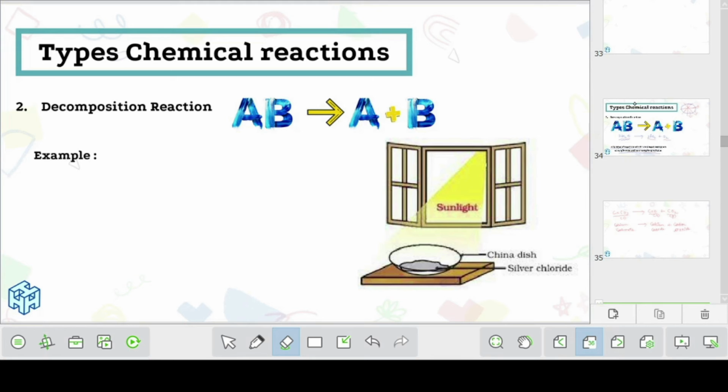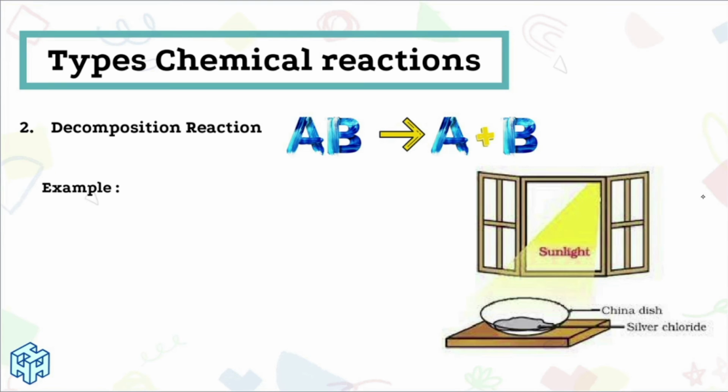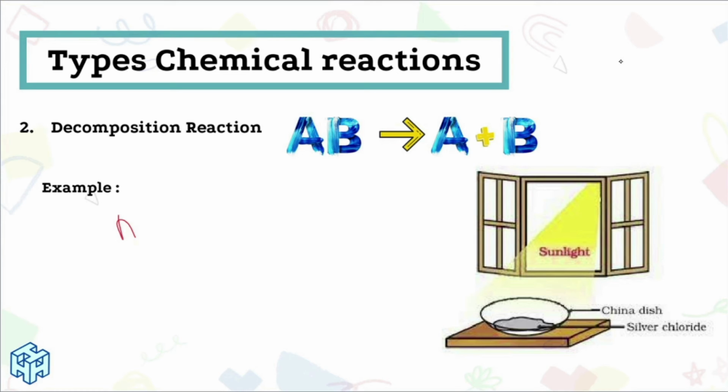Now, let me give you one more simple example of a decomposition reaction. Let me consider I have silver chloride, that is AgCl, which is giving rise to Ag plus Cl2.